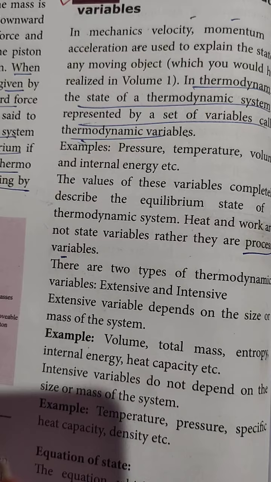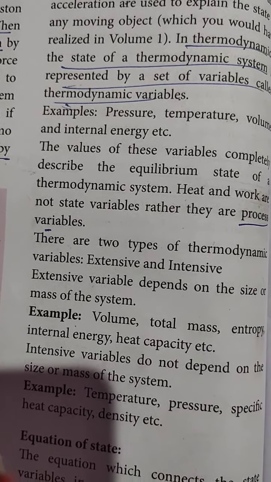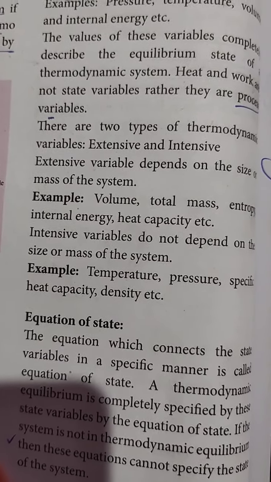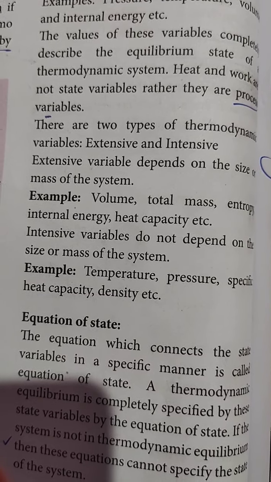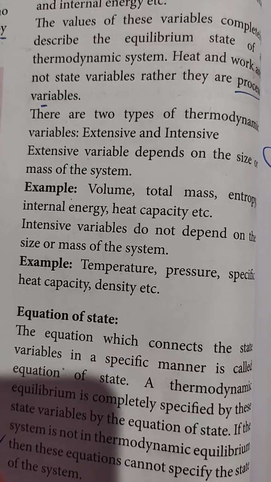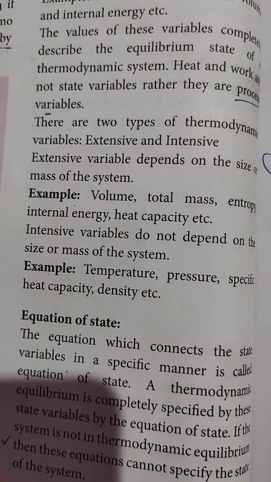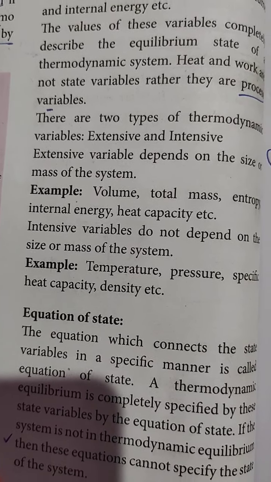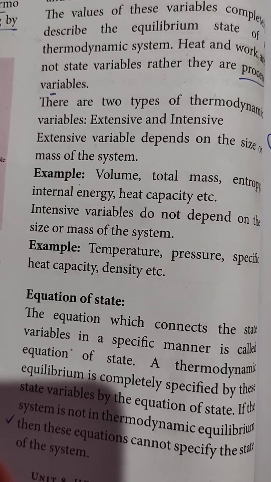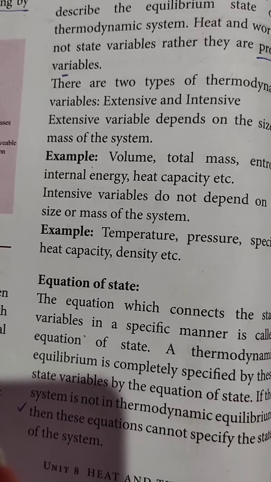Heat and work are not state variables; rather, they are process variables. There are two types of thermodynamic variables, extensive and intensive. Extensive variables depend on the size or mass of the system, for example, volume, total mass, entropy, internal energy, heat capacity, etc. Intensive variables do not depend on the size or mass of the system, for example, temperature, pressure, and specific heat capacity.